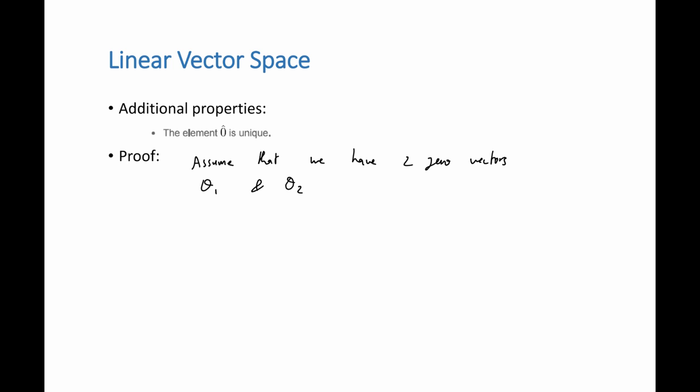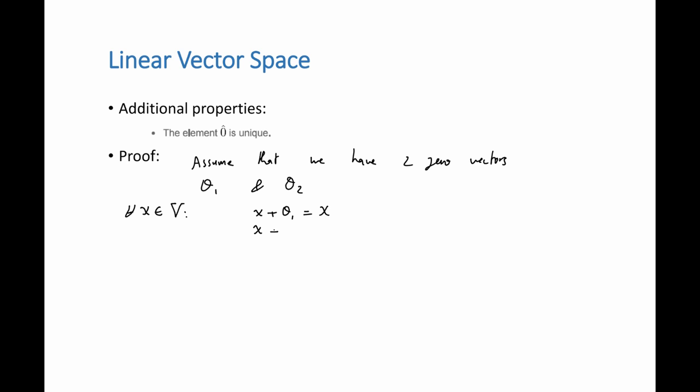So from the axioms, for every x in V, we have x plus theta 1 is equal to x. That's the property of a zero vector.